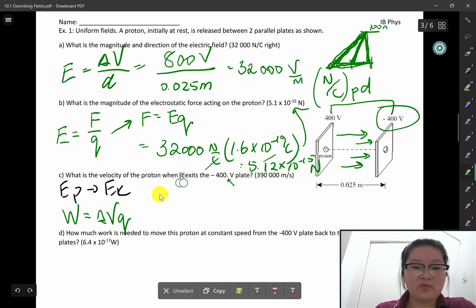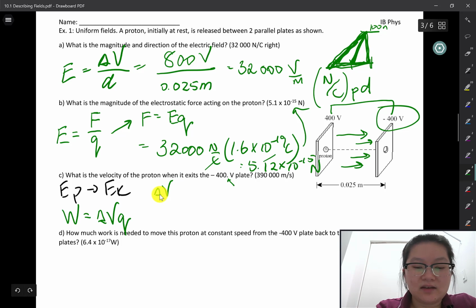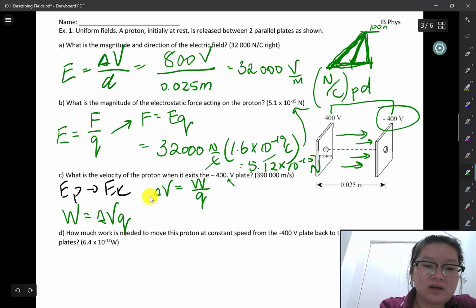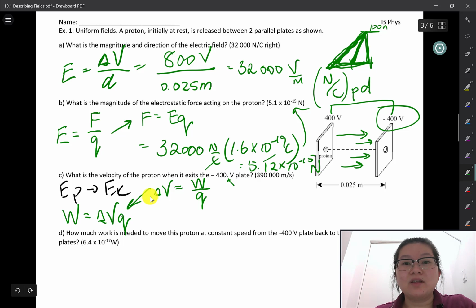This came from a definition: the electric potential difference between 2 points is equivalent to the amount of work done per unit of charge of moving that charged particle from point A to point B. Rearranging this definition gives us this one over here.